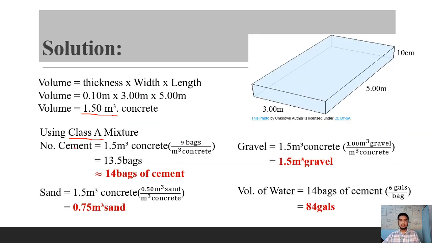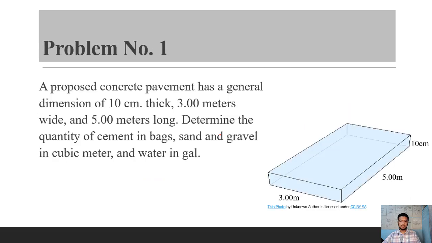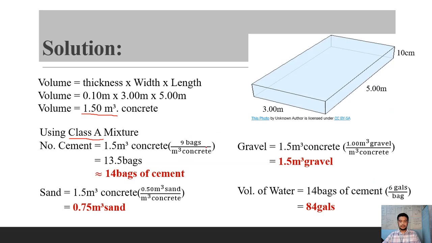So let's try that. If we are computing the number of cement that we should order, we will simply multiply 1.5 cubic meters times 9 bags, because this is what is specified in your table. 9 bags of cement per cubic meter of concrete, therefore 1.5 times 9 will be 13.5 bags.